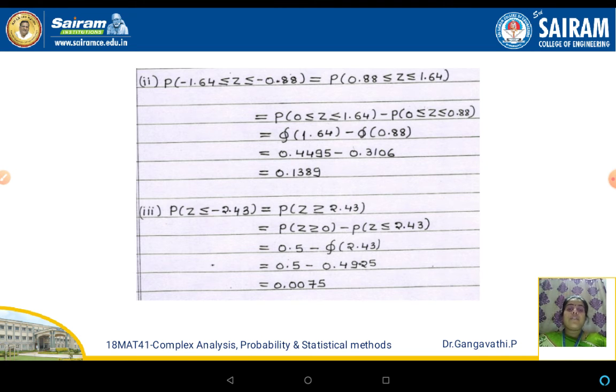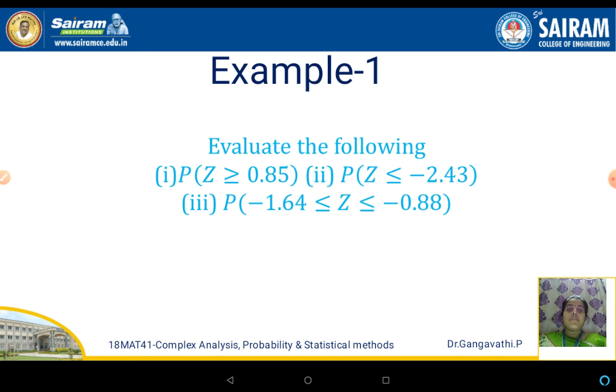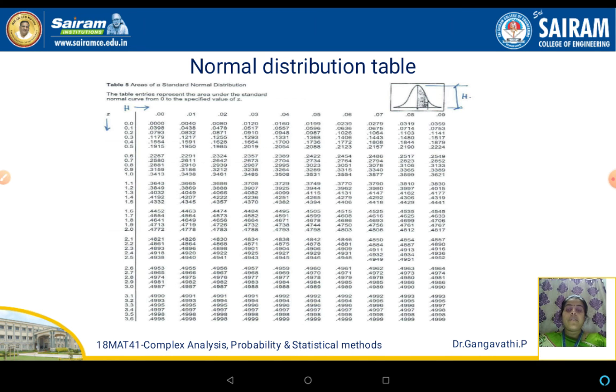So let us go back to our normal distribution table. Look at this 1.64. In the vertical direction, if you come down to 1.6, at 1.6 you have to move till 0.04, because it is 1.64. The value here is 0.4495.